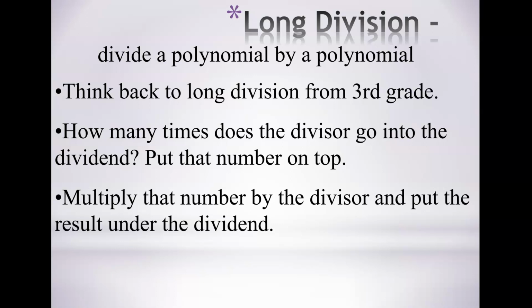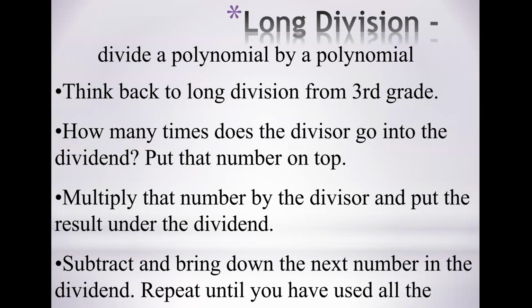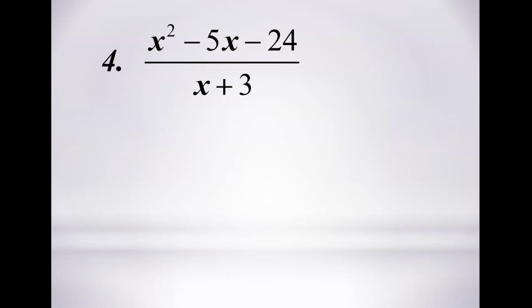So for long division, once you have it all set up, you take the divisor and you multiply it by the results of the quotient and then subtract them from the dividend. We repeat that process over and over until we get down to a point where we either have a remainder or a final answer. So let's take something like x squared minus 5x minus 24, divided by x plus 3.